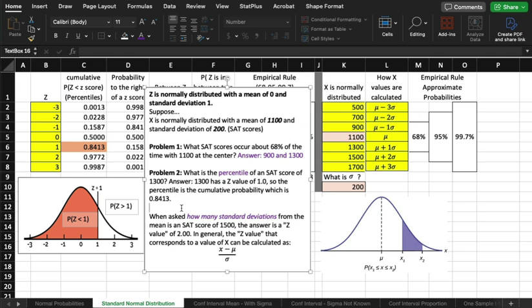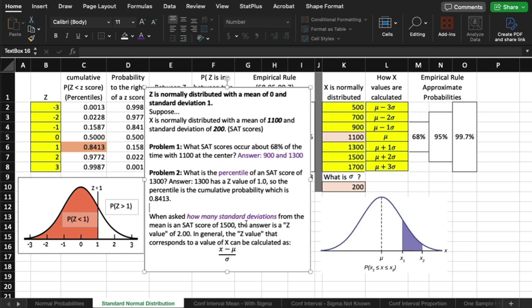And I'll just close with this statement down here. When asked how many standard deviations from the mean an SAT score is, so let's say you have a specific value of x, and you're asking how many standard deviations away from the mean that is, the answer is a z-value.